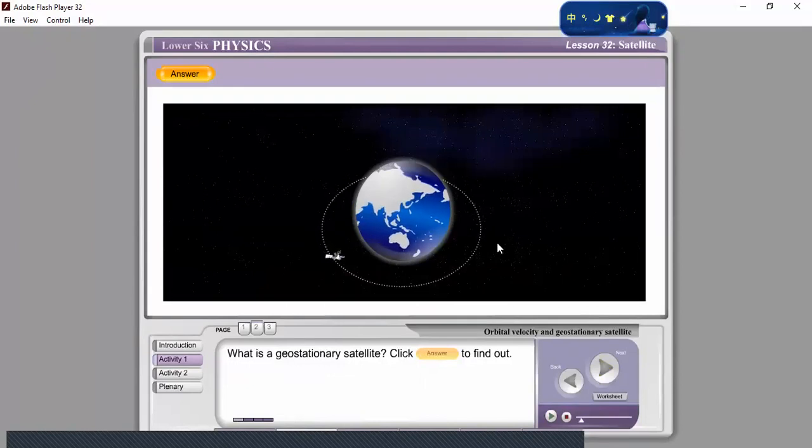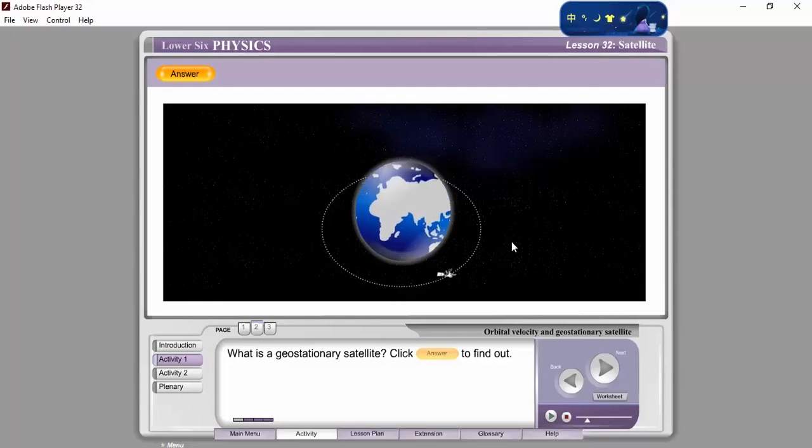What is a geostationary satellite? Click Answer to find out. Geo comes from the word geography. Stationary means not moving. This means that when the satellite revolves around the Earth, it will always follow a point on the Earth. That is the geostationary satellite.